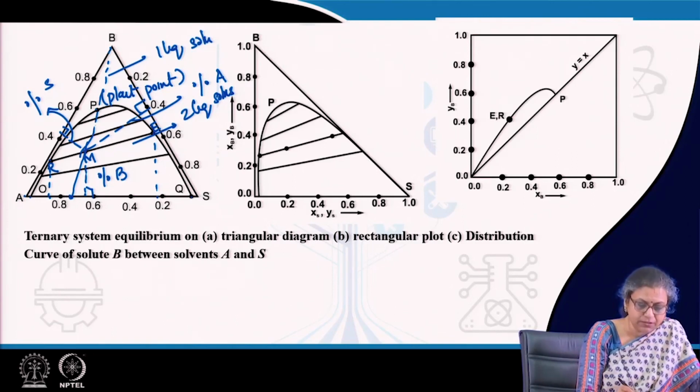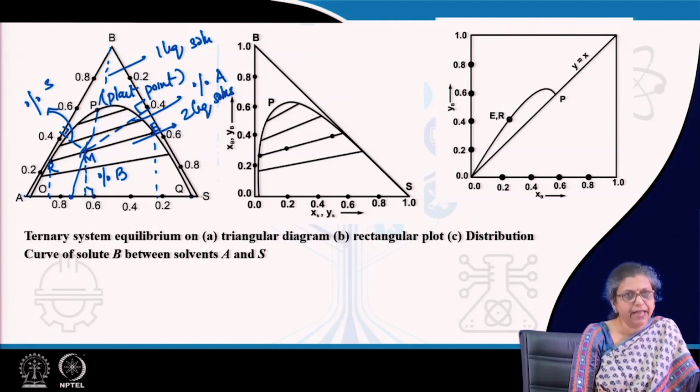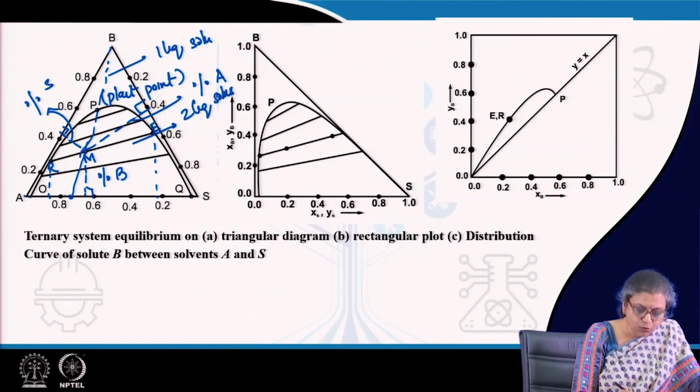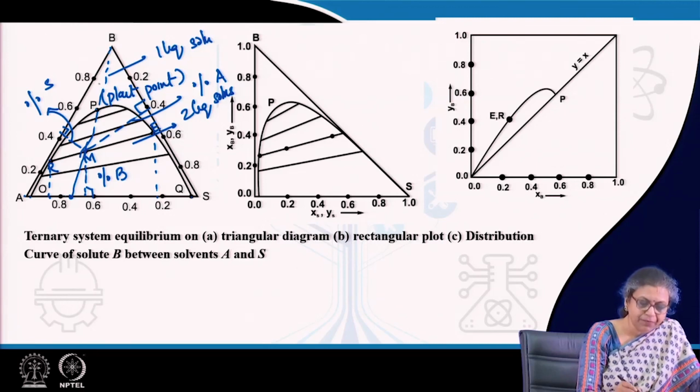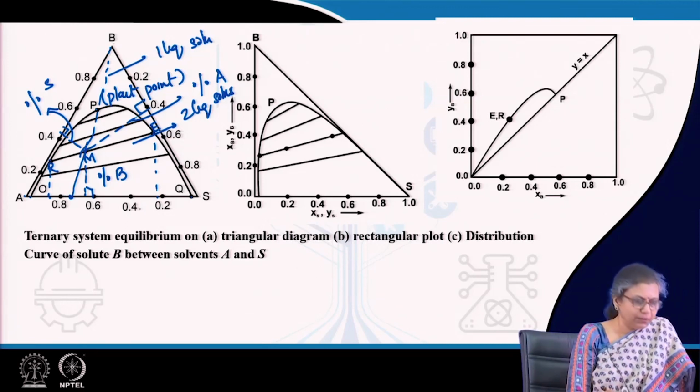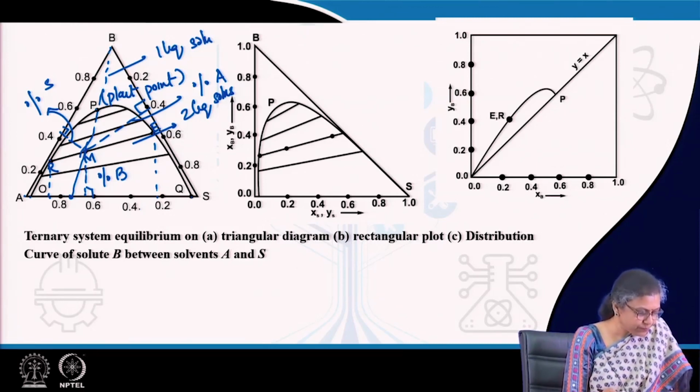As we move along this line, the proportion of A and S remains constant. It is only B which is added, and that changes the overall composition of the mixture.